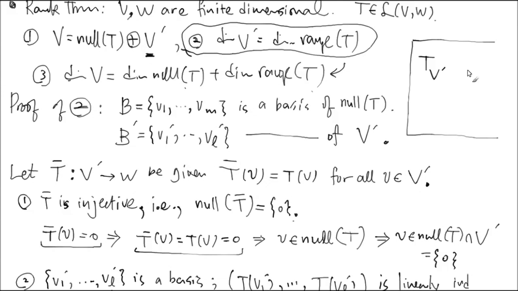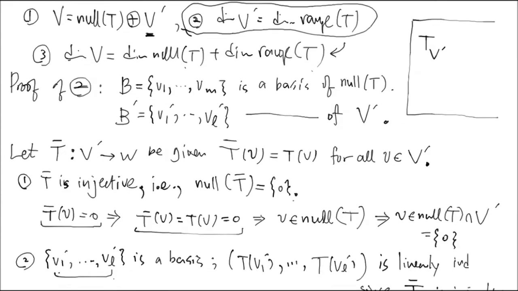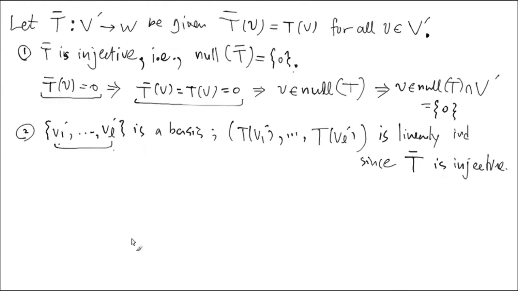Okay? So what we're trying to show, I think, is this. So we're just looking at V prime. That's where we are, right? Do we have an answer for V prime? We know the dimension of V prime is L. And we are going for the dimension of the range of T, right?